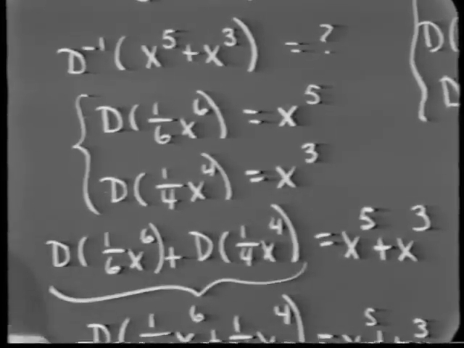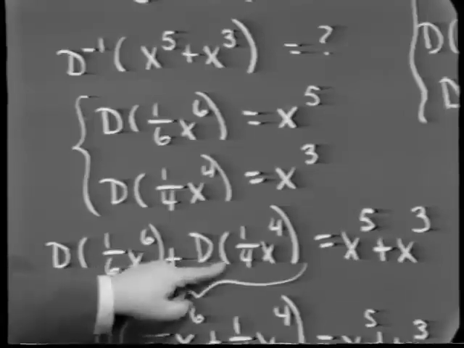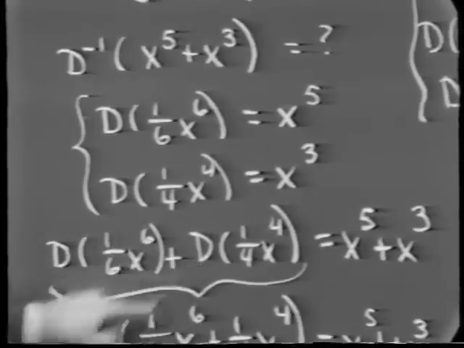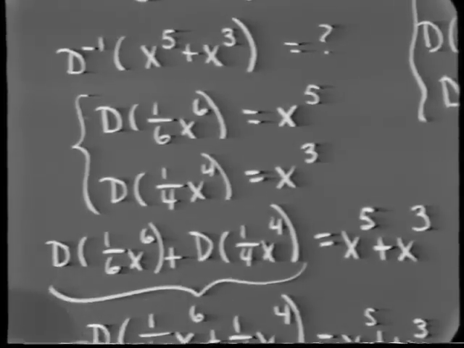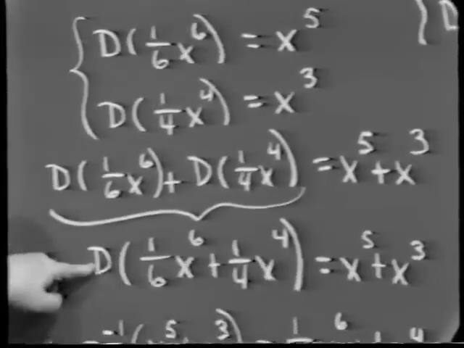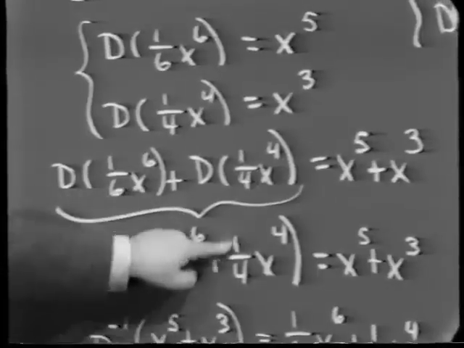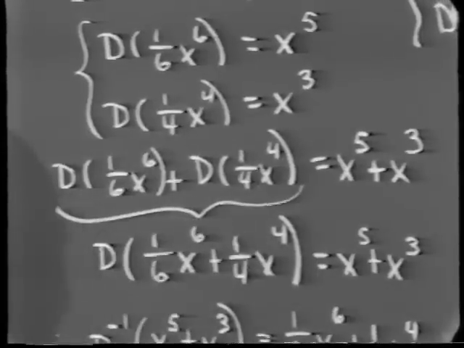Now the key step is that since the derivative of a sum is the sum of the derivatives, I can say that the sum of these two derivatives is the derivative of the sum of the two functions, namely that this is D of 1/6 x to the 6th plus 1/4 x to the 4th, a very important property of the derivative.